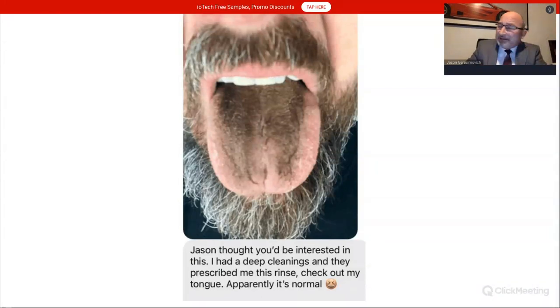I'll talk to you about that as well. But this is unbelievable because when you take the molecular iodine at 100 parts per million and you rinse with it, it gets right to the sore and the tissue, and it helps with inflammation. It is unbelievable what it does for swelling.